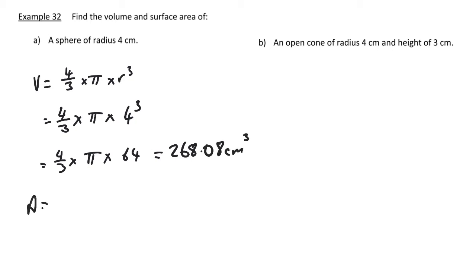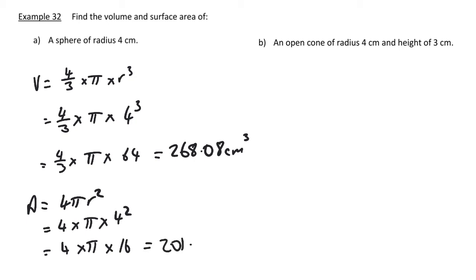The surface area is 4 pi r squared, which is 4 times pi times 4 squared, which is 4 times pi times 16, which is 201.06 square centimetres.